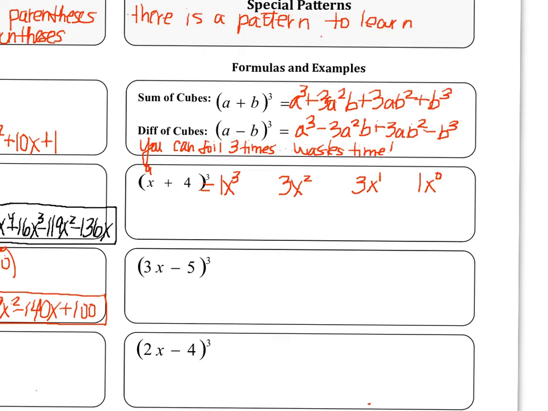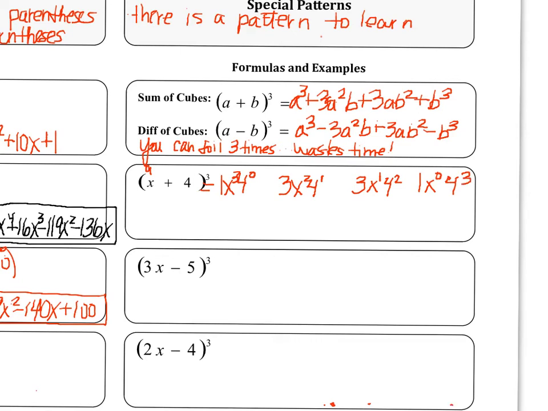Then I'm going to take my b, and in this case it's 4, and I'm going to work my way from 0 on up. So I'm going to say 4 to the 0th, 4 to the first, 4 to the second, 4 to the third.